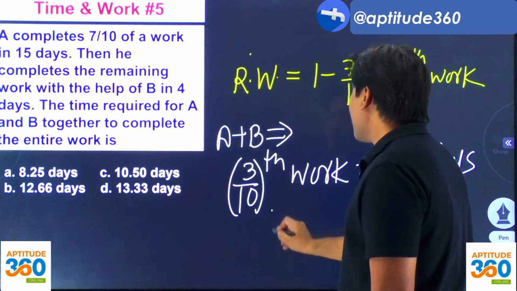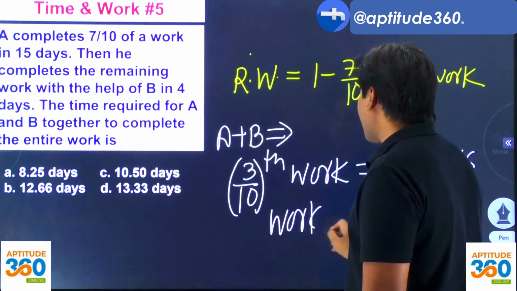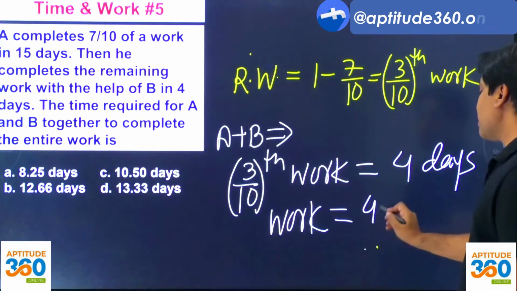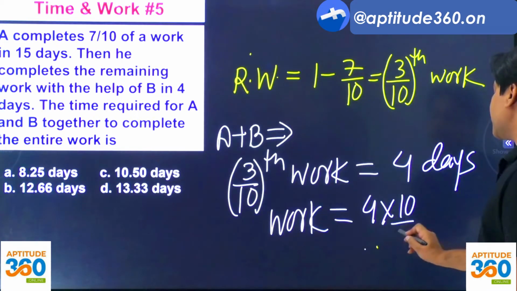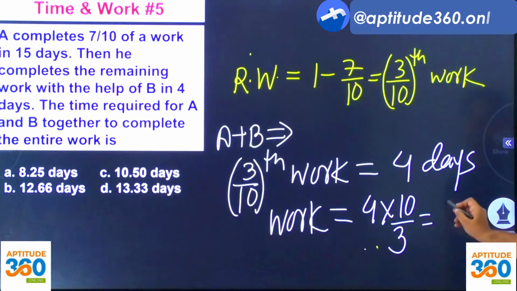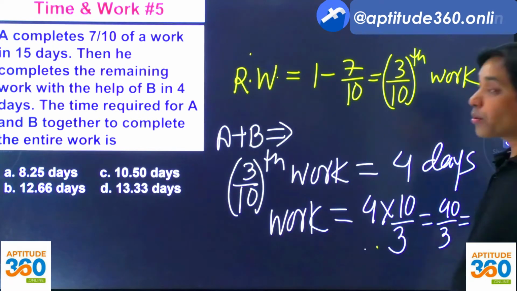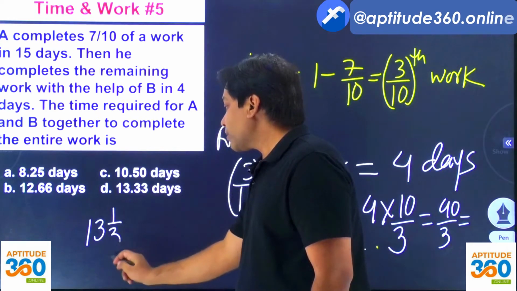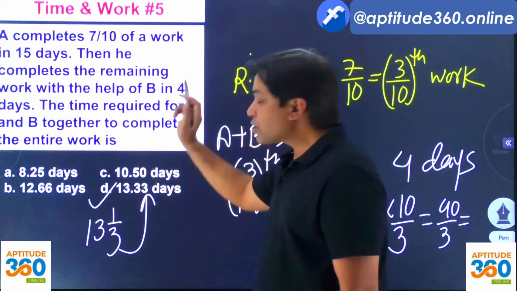Understand this. A and B collectively, if they can do 3/10 of the work in these many days, entire work is going to be completed in how many days? So this is coming out as what? 40/3. 40/3 का मतलब कितना हो गया? 13.33. यही आएगा ना? इसको आपको या तो ऐसे लिख दो 13 1/3, या तो आप इसको ऐसे लिख दो. ऑप्शन नंबर डी इज द राइट आंसर.